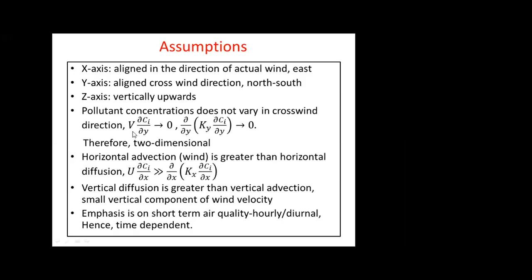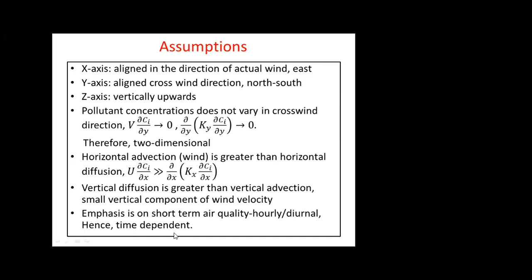Therefore, our three-dimensional problem becomes two-dimensional. Next, horizontal advection is greater than the horizontal diffusion. So this is much more than this. Therefore, we can neglect this and retain this. Now, vertical diffusion is greater than the vertical advection. So that is gone. And then we are going to consider the short-term air quality, that is hourly, diurnal, that means daily.